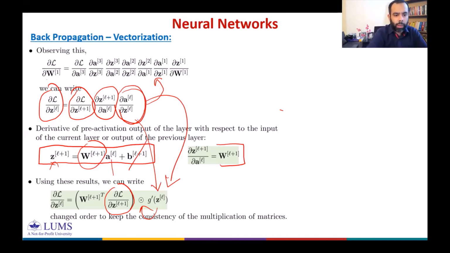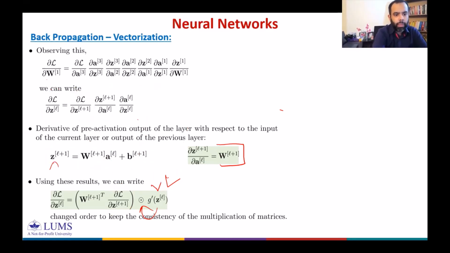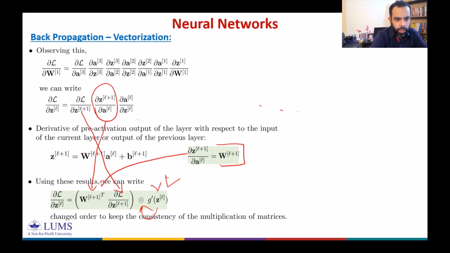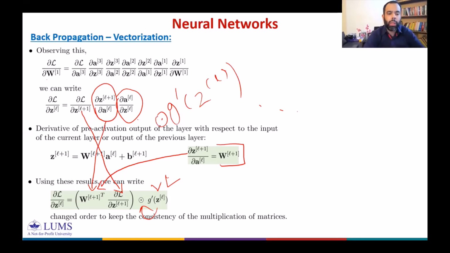Okay, let me explain this again very quickly. This term is coming here. The partial derivative of Z^(L+1) with respect to A^L is here, and I've used this result here. Finally, the partial derivative of A^L over Z^L is simply g'(Z^L). And we are using element-wise multiplication because the activation function is acting on each entry of the vector.